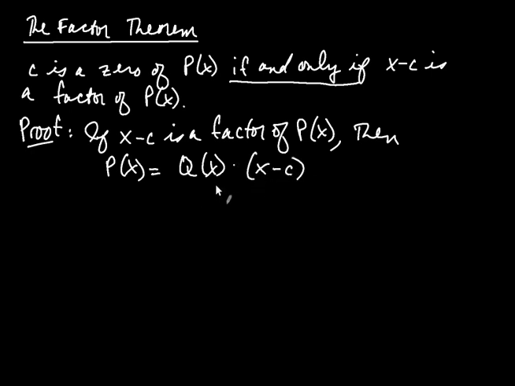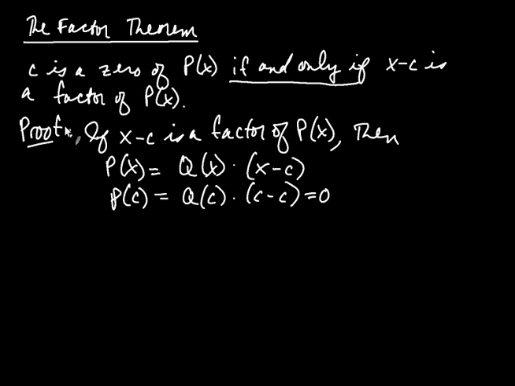Because being a factor means that that quantity, in this case x minus c, times some polynomial is equal to your original polynomial. So that's what it means for x minus c to be a factor. And now simply note that if you plug in c, p of c is equal to q of c times c minus c, which is equal to 0. And that's what we wanted to show, right? Because p of c being equal to 0 means that c is a 0 of that polynomial.